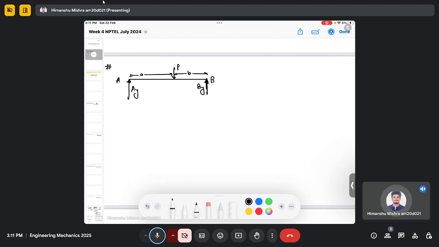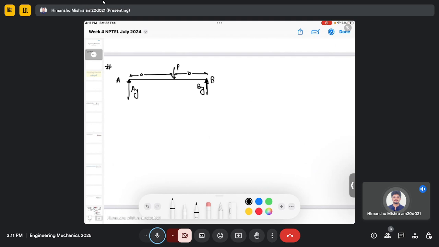Whenever we are given a beam problem, our first step is to analyze the reaction forces. So first we need to find AY and BY. For that, we already know we have to take the moment about any point, it could be B or A, and then we can find AY or BY.